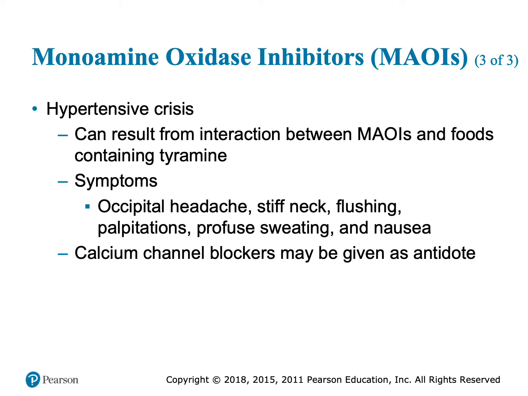Foods that contain tyramine include things like avocado, bologna, wine, aged cheese, and overripe fruit. The symptoms of a hypertensive crisis are an occipital region headache, stiff neck, flushing, palpitations, profuse sweating, and nausea. And calcium channel blockers are used as an antidote.